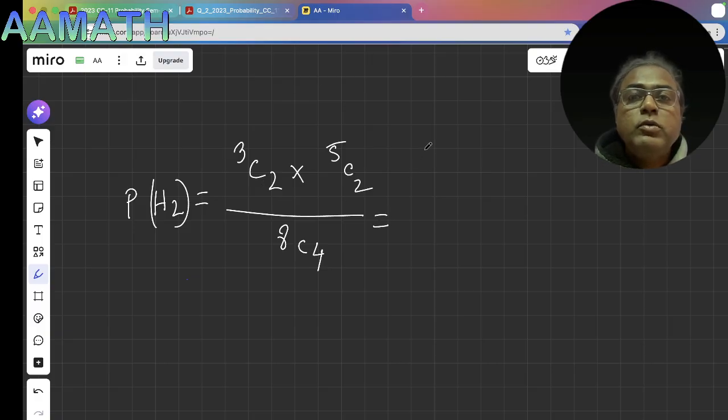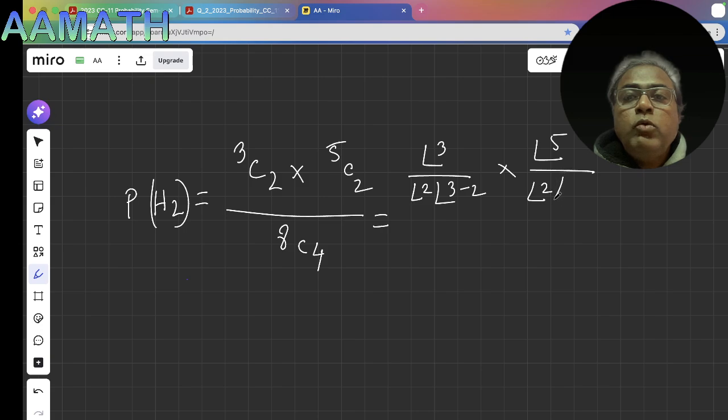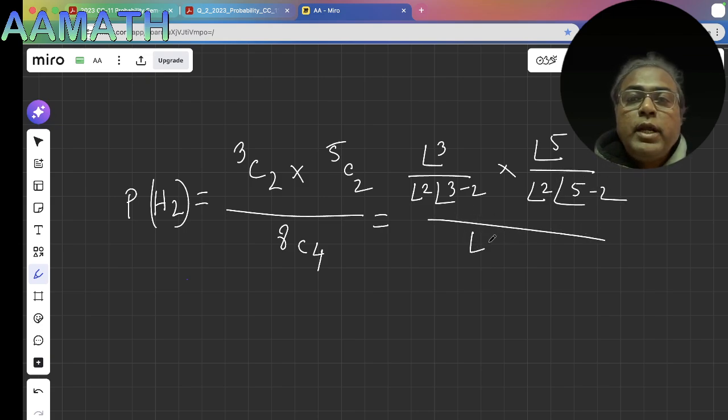So this equals factorial 3 by factorial 2 into factorial 3 minus 2, into factorial 5 by factorial 2 into factorial 5 minus 2, whole divided by factorial 8 by factorial 4 into factorial 8 minus 4.